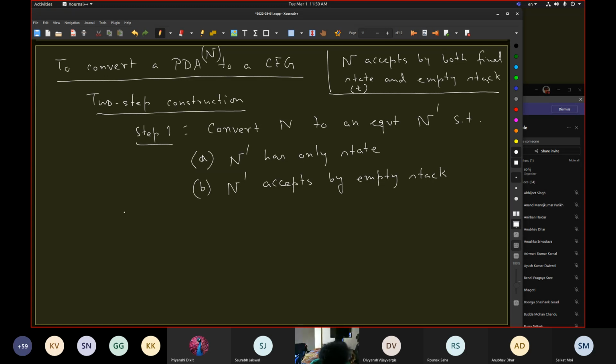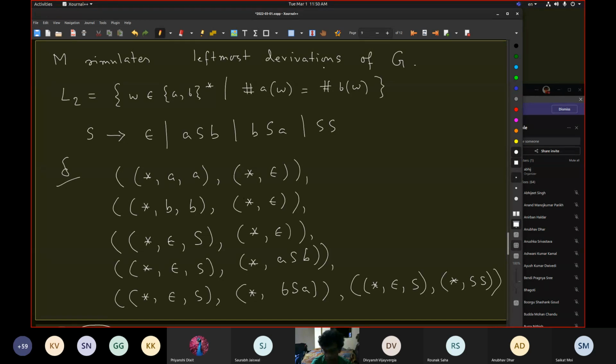And step 2 is actually a very straightforward thing. G, let's say. This part is actually very trivial. This is basically the reversal of this process.